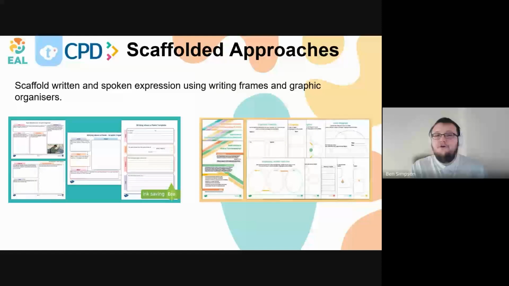So having a graphic organizer really helps to target language and stuff like that. On the opposite hand, on the right there, we have a whole translanguaging template pack that really delves into the different ways that we can organize knowledge visually to really help multilingual learners ideate and understand, whether in their home language or their target language.